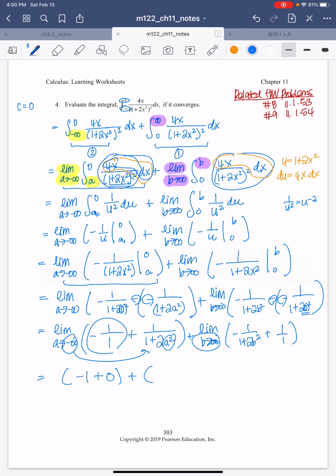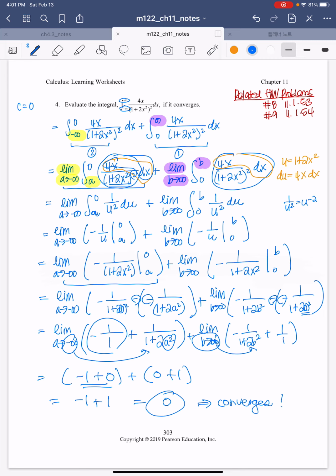Similarly here, if I plug in infinity, I have infinity squared plus 1, that's just infinity. So negative 1 over infinity really is 0 again, plus 1. So I'm going to end up having negative 1 plus 1, so they cancel out. The whole thing ends up being 0. So the integral converges.